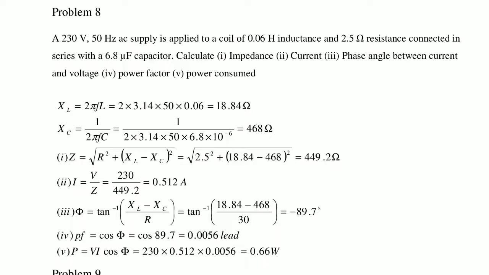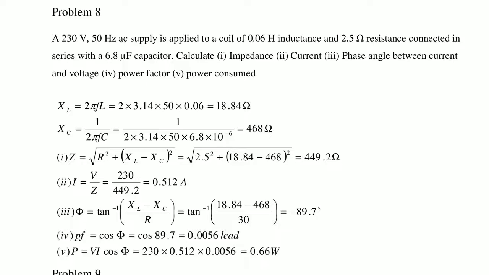Coil of 0.06 Henries, H means Henries, 0.06 Henries inductance and 2.5 ohms resistance. R is 2.5 ohms, connected in series with a 6.8 microfarad capacitor. C is 6.8 microfarad. Micro means 10 to the power of minus 6.